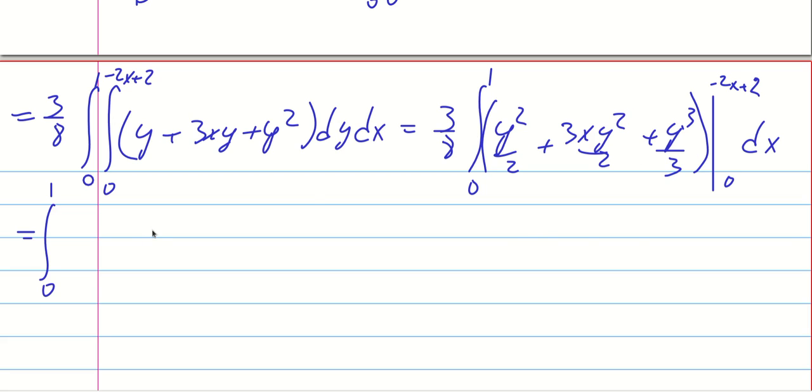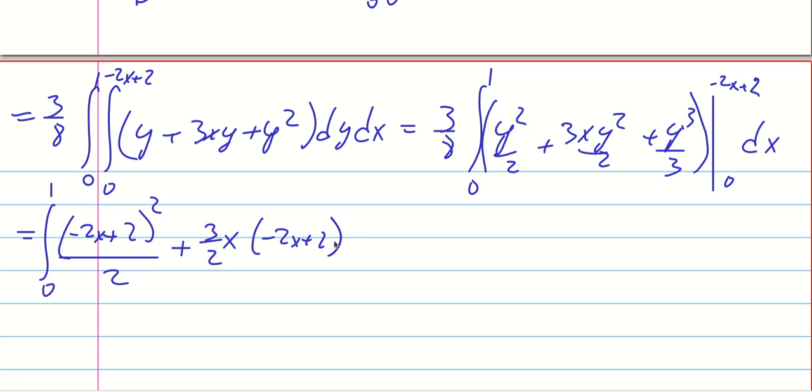If we plug in -2x + 2, what do we get? We get (-2x + 2)²/2 + (3/2)x(-2x + 2)² + (-2x + 2)³/3 dx.